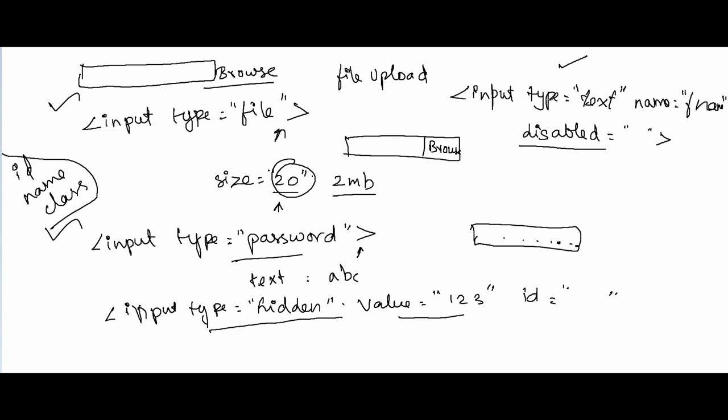We have already created some sort of text box where you can type something. In case of disabled, we are unable to type or edit anything in that box. Next one is read only. This is also an attribute. We can use it like this, or else simply use read only.